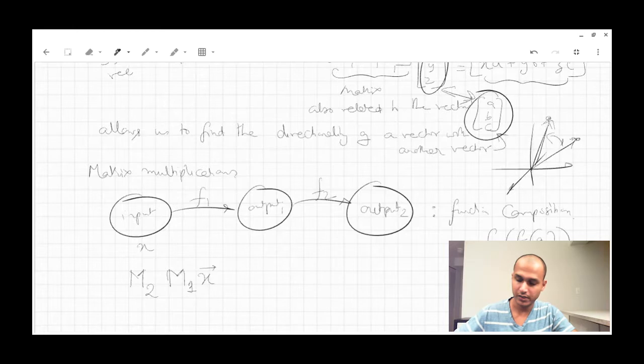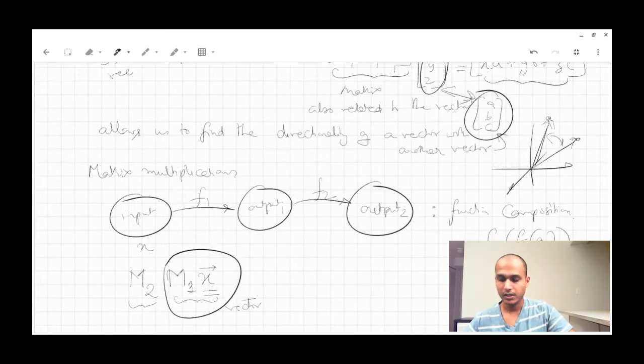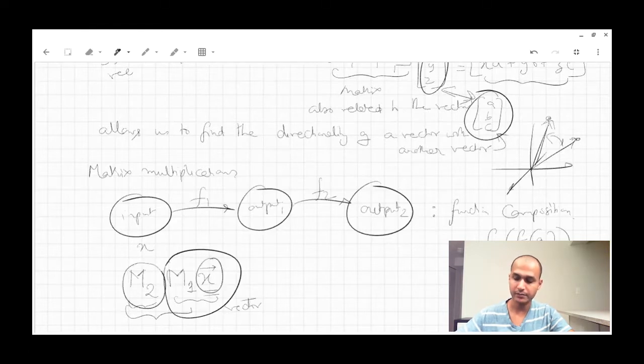So given an input vector, first I apply the first matrix, and then I apply the second matrix, and in between I get a vector, right? So matrix multiplication is nothing but applying the first matrix to an input, transforming the input vector to an intermediate vector, and then the intermediate vector to another vector.